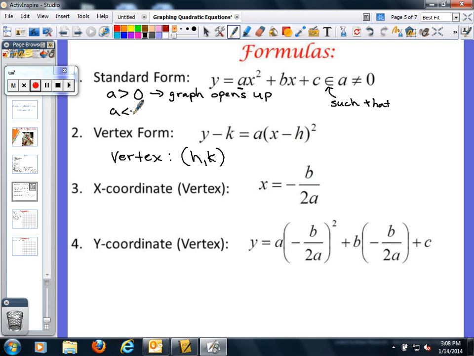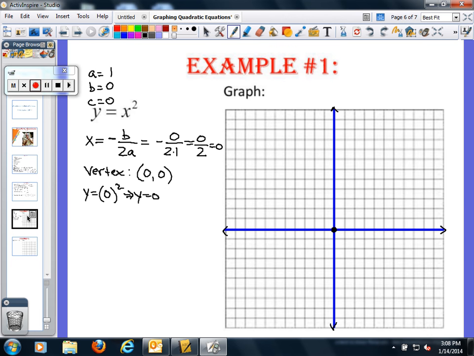If A is less than 0, the graph opens down. Okay? So we look at A here, we got A as 1, which means my graph will open up. So I know my graph is going to be going this way. Remember, the graph of a quadratic is called a parabola. It's a U-shaped graph.